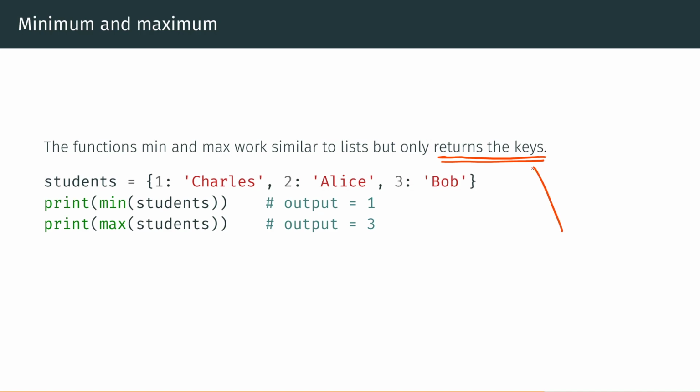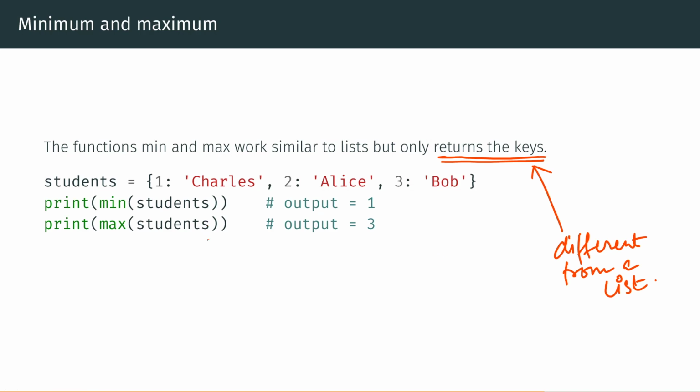In the case of lists, the min, max, and membership operators work on the values and not the indexes, obviously. But in the case of dictionaries, all these will work on the keys and not the actual values.